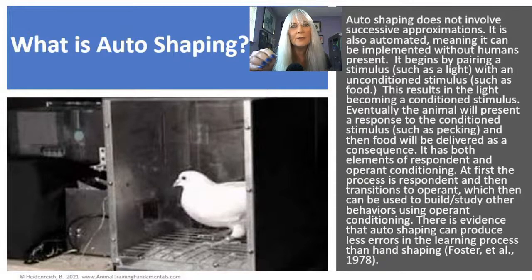And it tends to be what we consider some kind of natural behavior that the animal will emit. In the case of the pigeon, if it's food, it tends to be a pecking response. They also found if it might be water that was getting delivered, it tends to be a behavioral response that has to do with drinking.